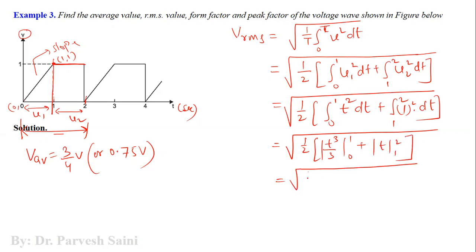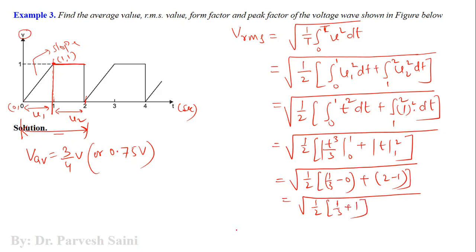Simplifying this one, you have under root 1 by 2 into (1 by 3 minus 0 plus 2 minus 1). So bracket start, 1 by 3 plus 2 minus 1, which is 1. So it will be like this.